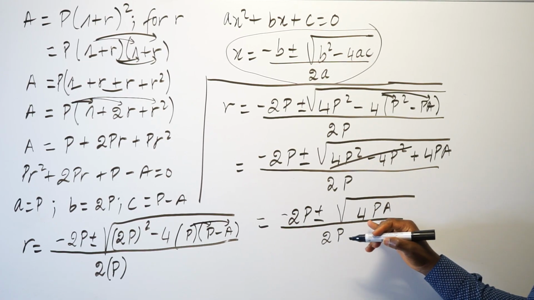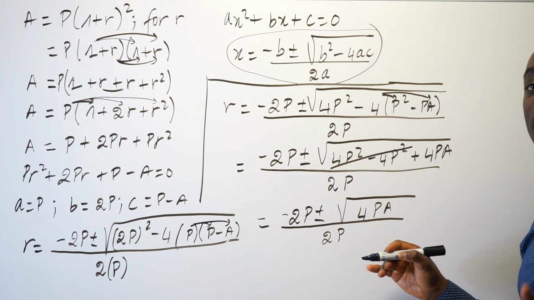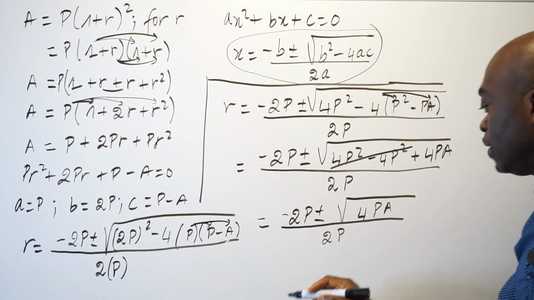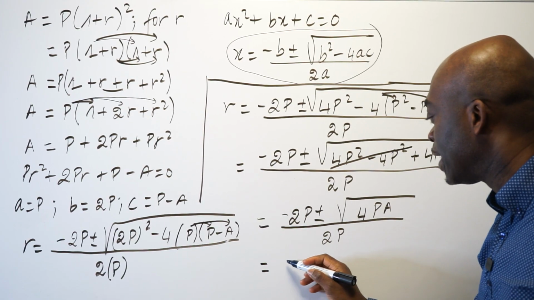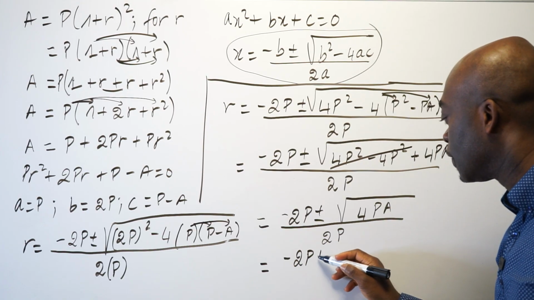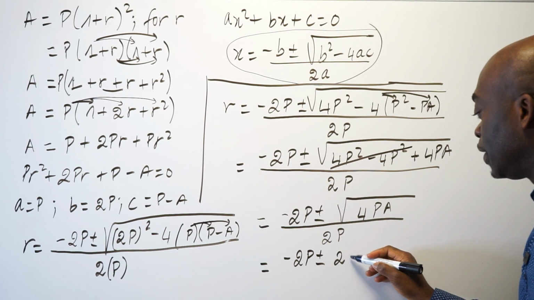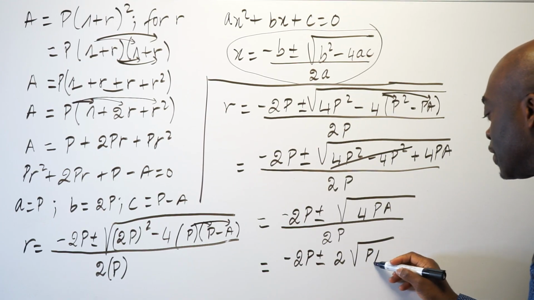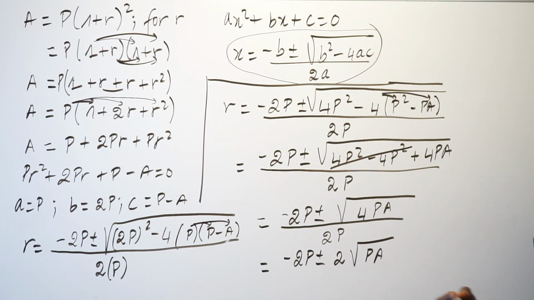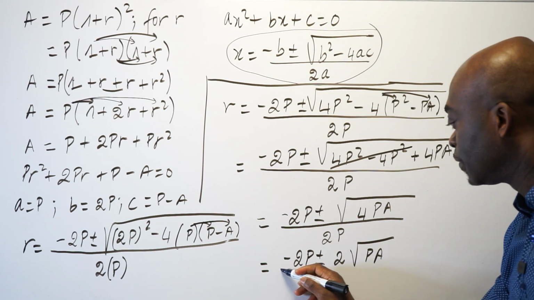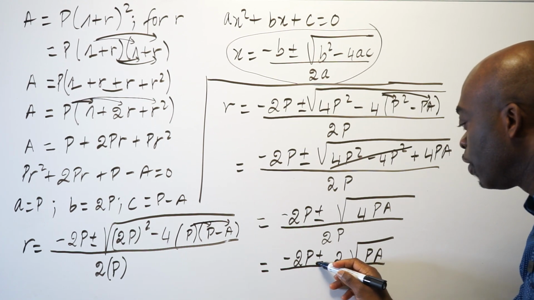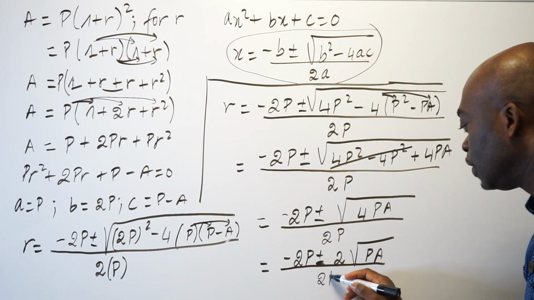Yes, the 4 under the square root, because the square root of 4 is 2. So this is negative 2p plus or minus 2, then pa stays right under the radical because they are not perfect squares. So this is then over 2p.